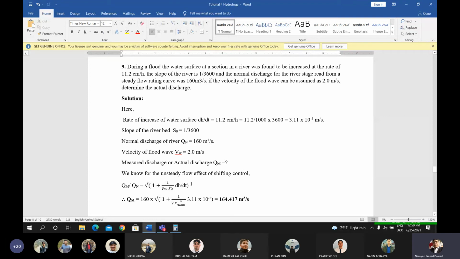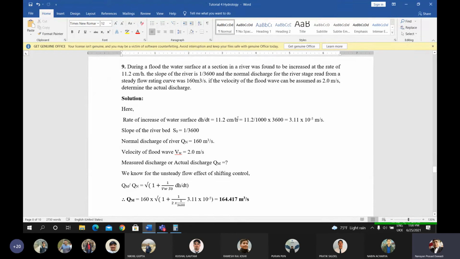The dH by dt is given in centimeter per hour. It can be reduced to meter per second. The rate of change of the stage height is dH by dt, expressed here as centimeter per hour. You can convert this centimeter per hour into meter per second. For changing centimeter into meter, divide by 100.